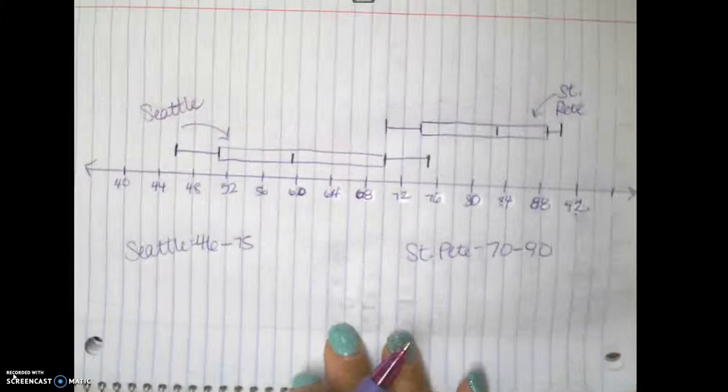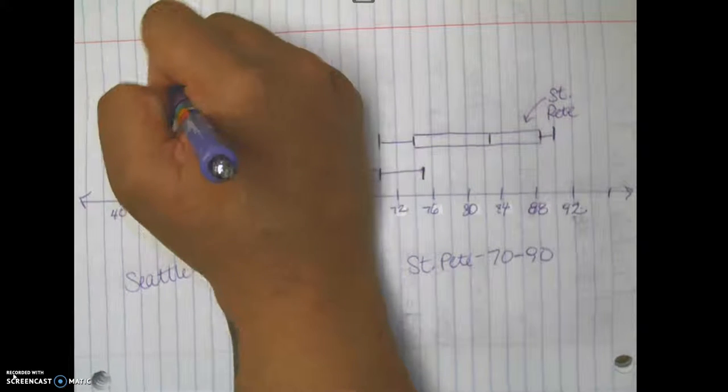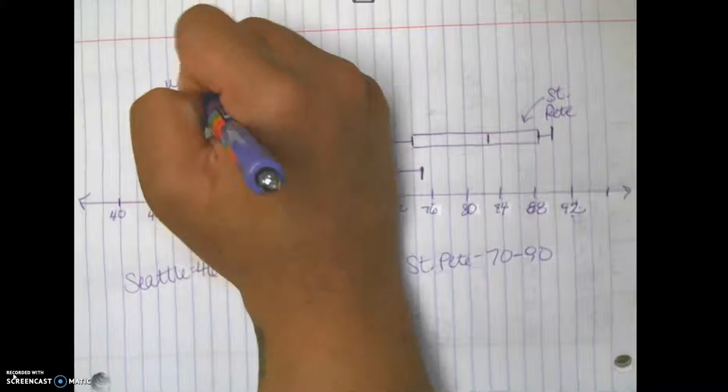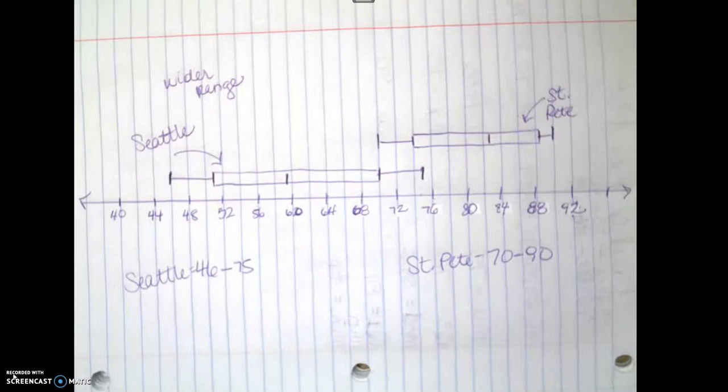When you're talking about comparisons, whose box and whisker plot has a wider range? Seattle. Seattle has a wider range. Are they skewed left, skewed right, symmetrical, or do they not have a shape?